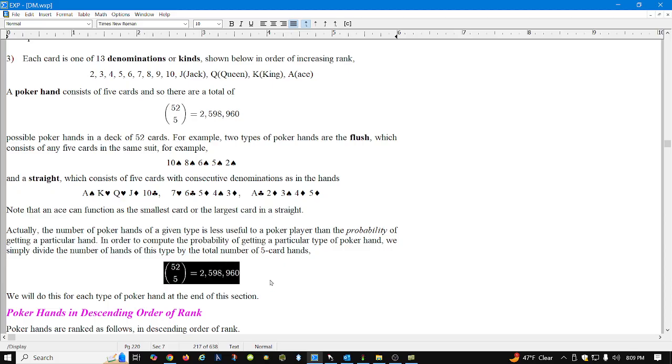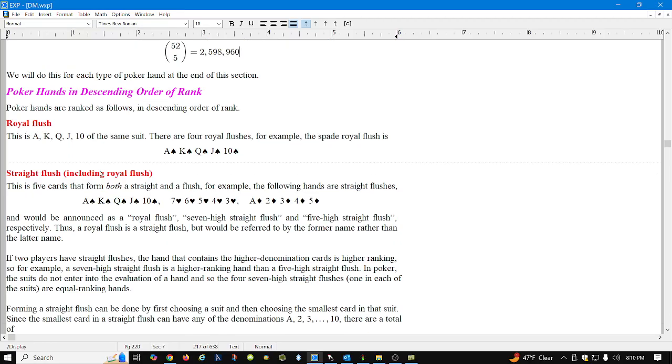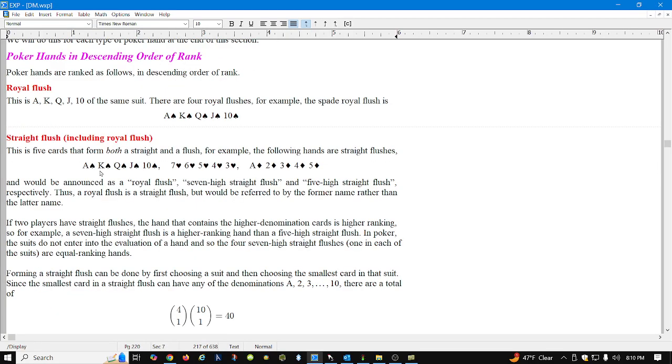And I'll do that at the very end of this discussion of poker. From our point of view, it's the counting of the number of hands that's more important. So let's go through the types of poker hands in descending order and count how many there are. Royal flush is the best possible hand.